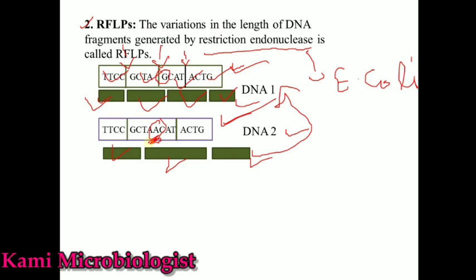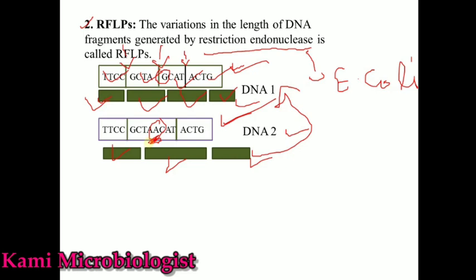RFLPs means, so now let's talk about this. These are the DNA fragments that are generated during restriction enzyme activity, and these DNA fragments have different lengths. So remember guys, the fragments of the DNA, as you can see, have different lengths, and they must be different from another person as well.